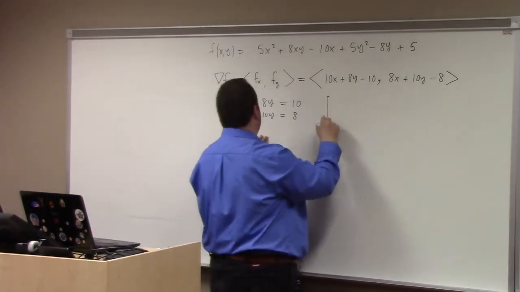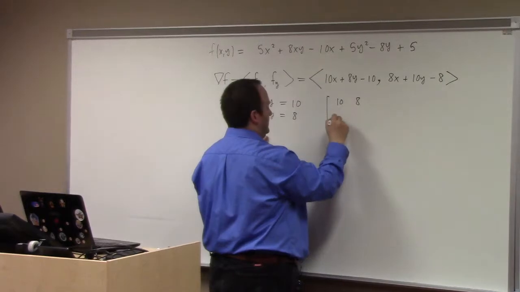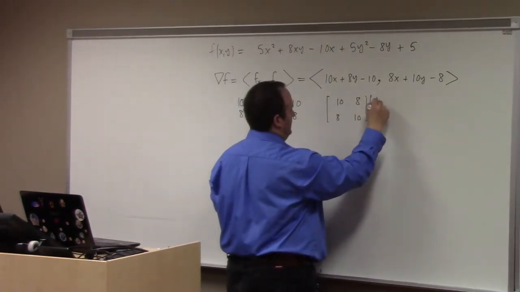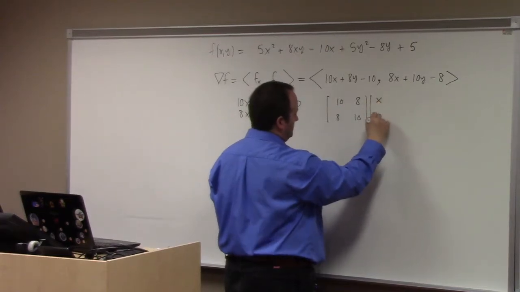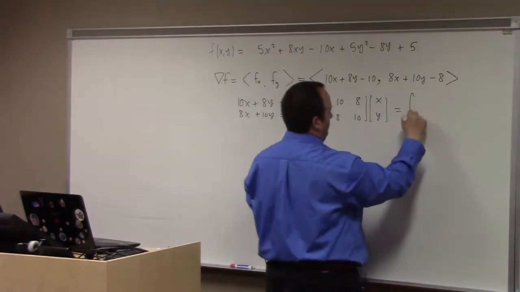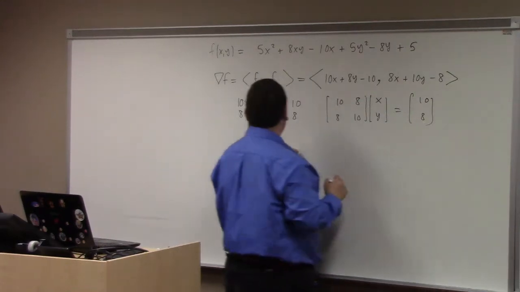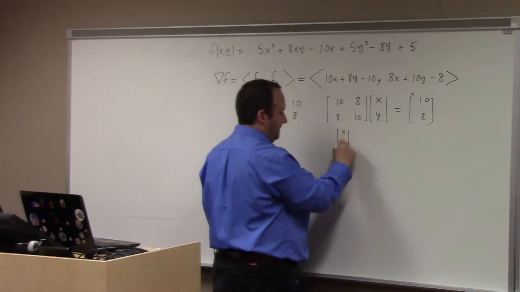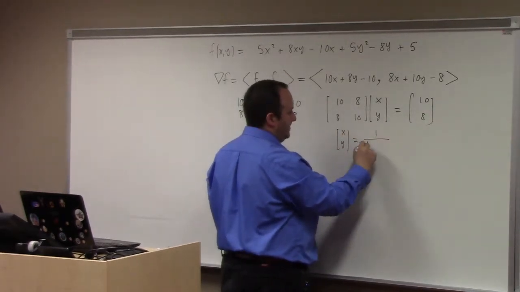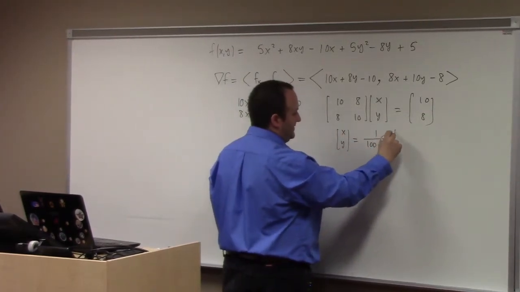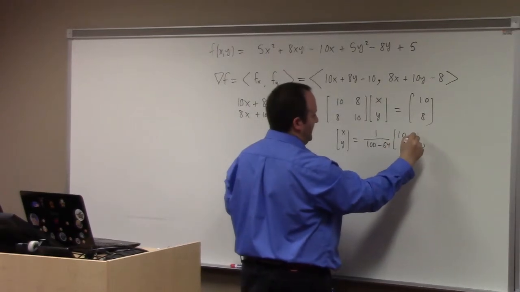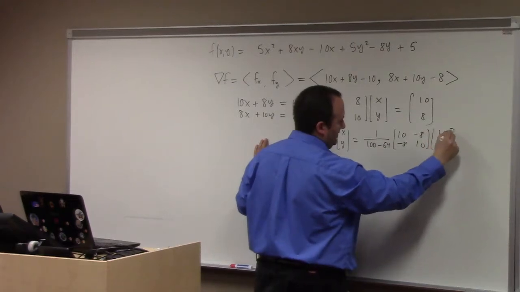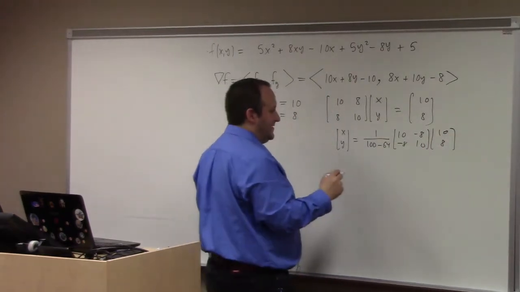In other words, we've got the matrix 10, 8, 8, 10, times (x, y), equals (10, 8). So let's see here. What's the inverse of that matrix? One over (100 minus 64). Flip the 10 and the 10, put minuses on the 8s. You're like, I could have solved this faster by substitution. Yeah, I know. Fine, you got me.